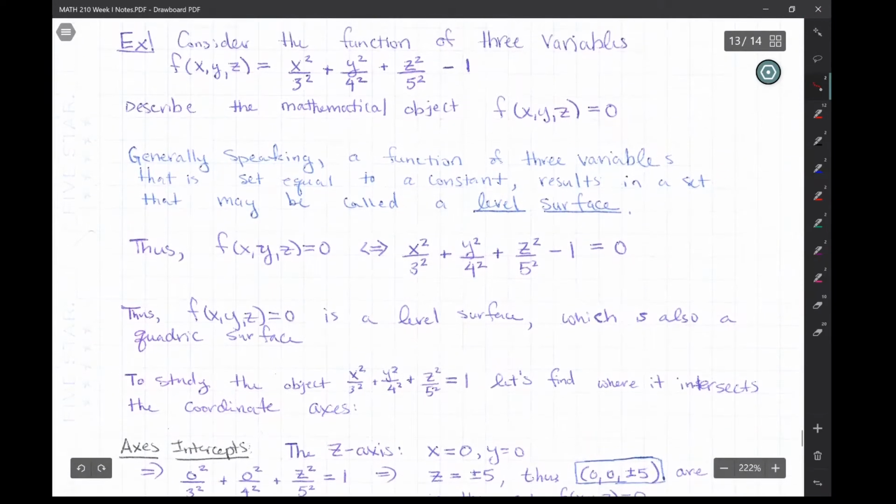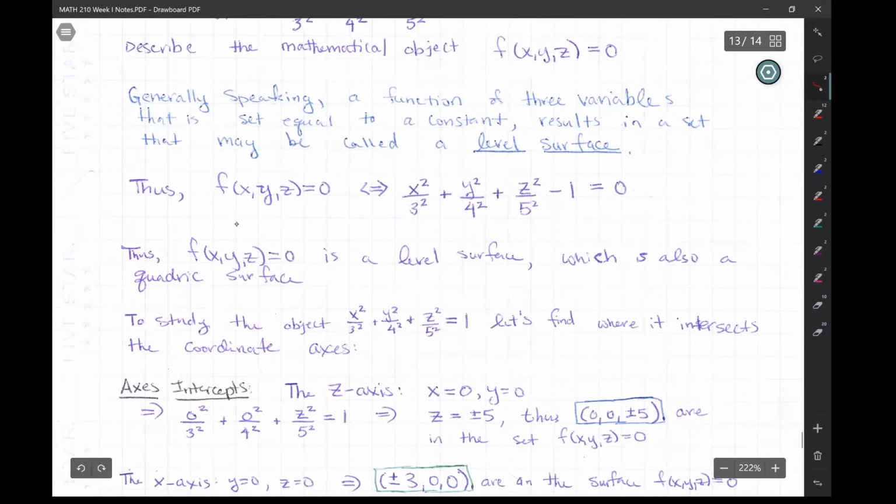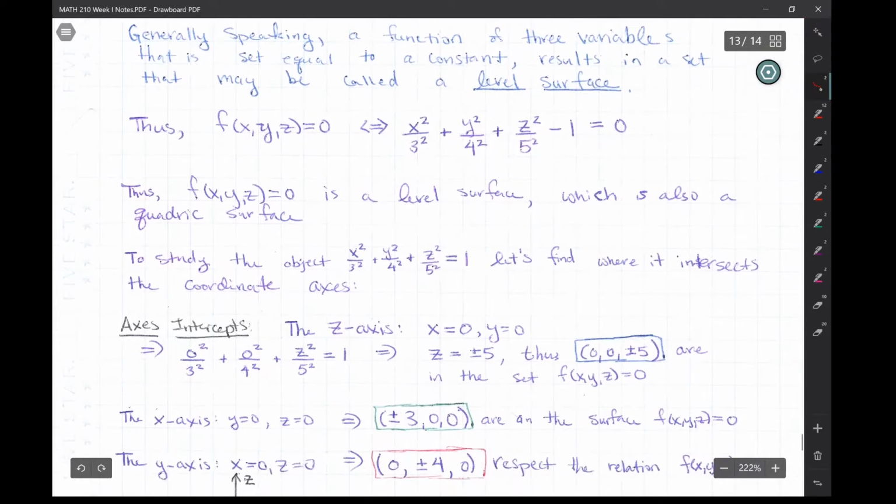Okay, now you see this thing and you wonder, well, how does it look? Just to recap real quick, you get a level surface by setting a function of three variables equal to some constant, and it happens to be that that level surface for us is a quadric surface, and we are now left with this relation. Whenever you see an equation like this, what you're really thinking about is a set.